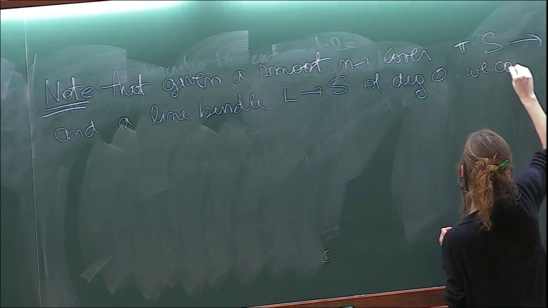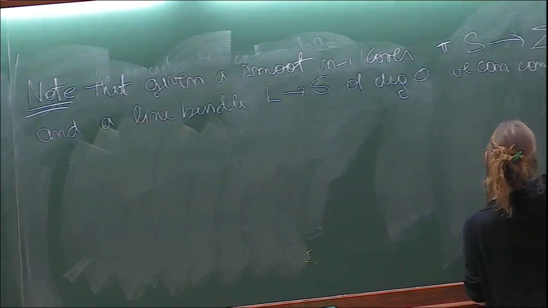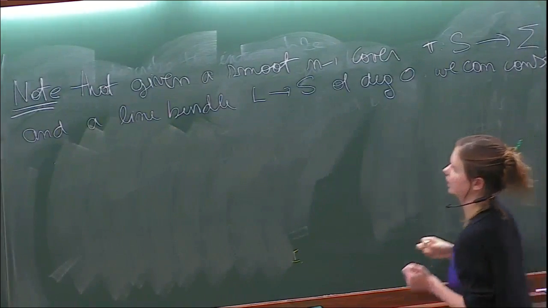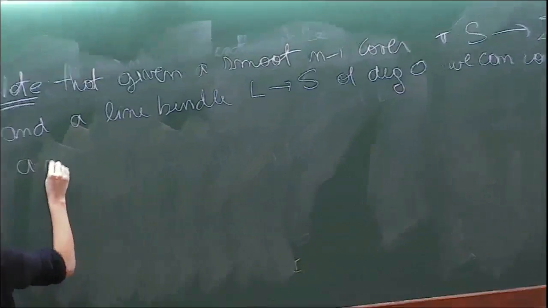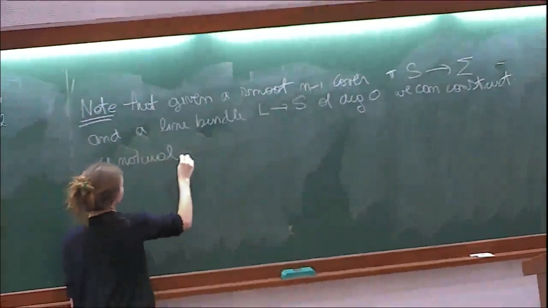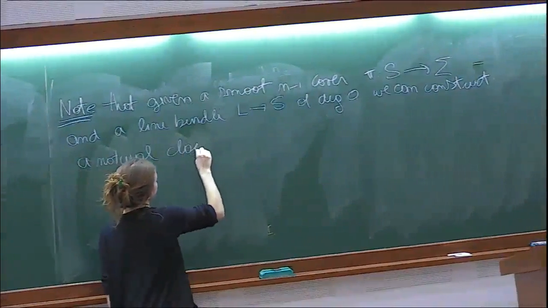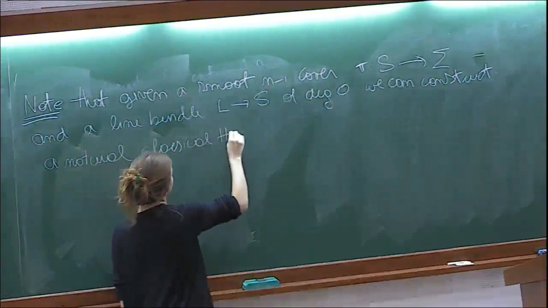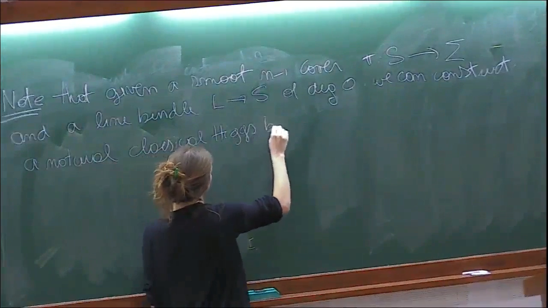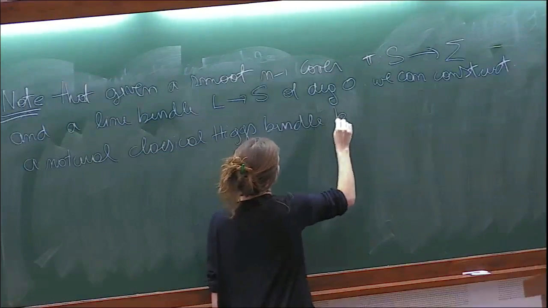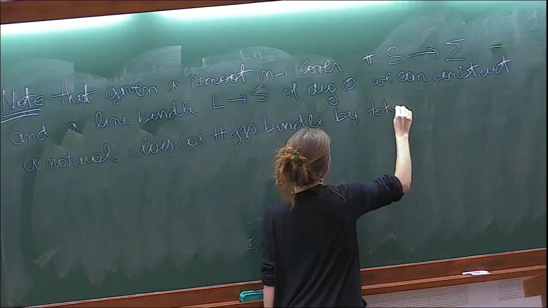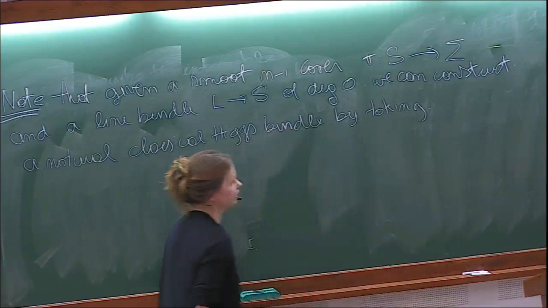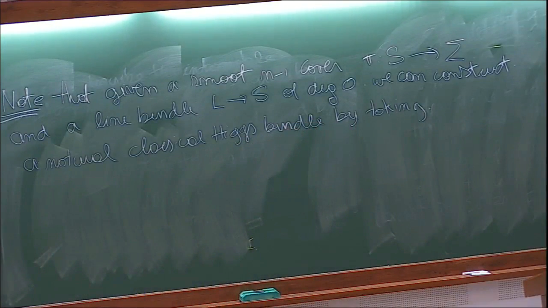So we can construct a natural classical Higgs bundle by taking the following. I need to tell you how to obtain your vector bundle and your section.